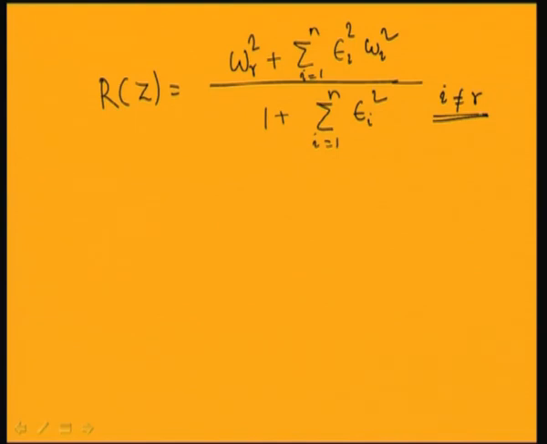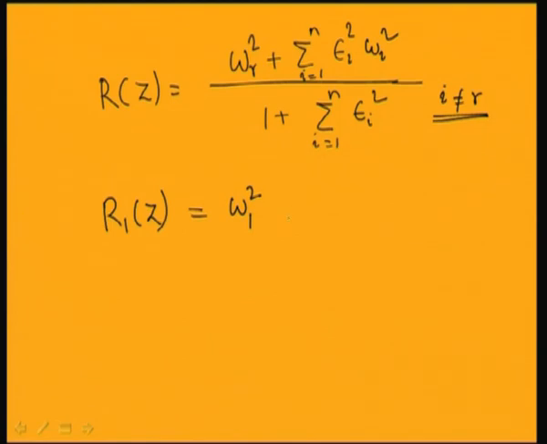So, you can observe from this, let us take I equal to 1. You can note that this epsilon I square is a very small quantity, and for the first mode I can write the Rayleigh quotient R1 z, with r equal to 1. So, this becomes omega 1 square. I can take this omega r square common.